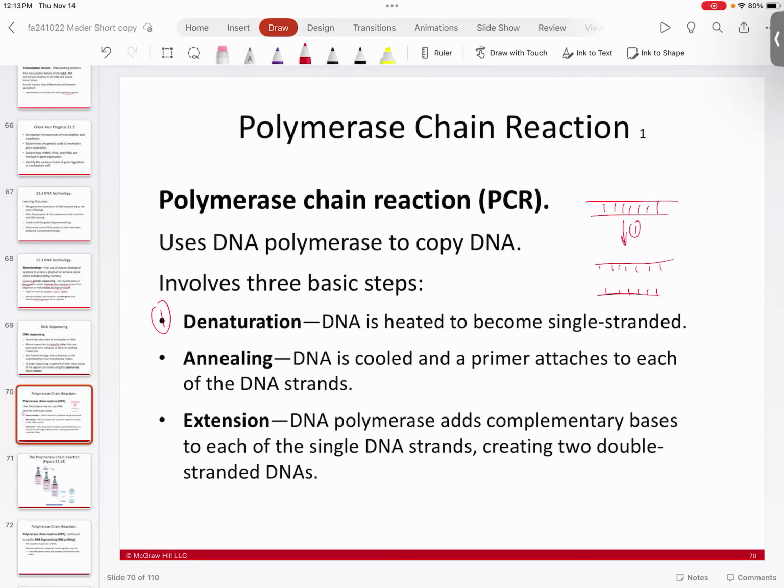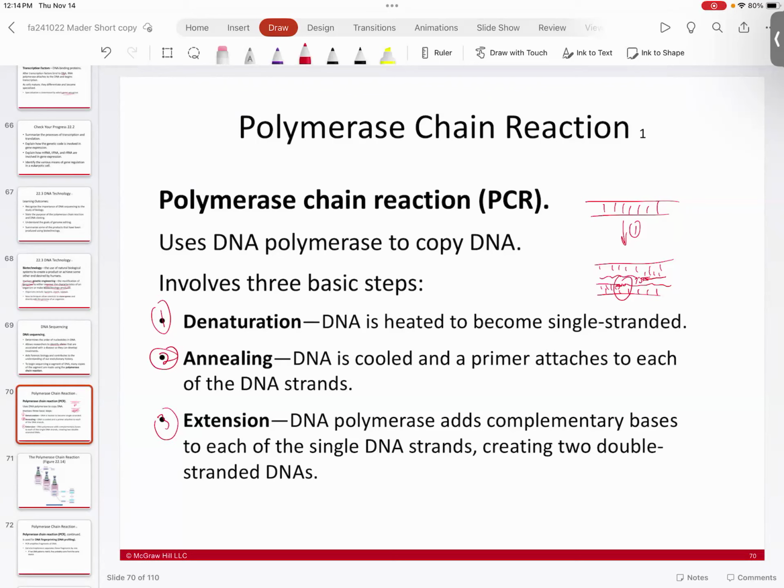Then we develop some primers of a particular gene area that we want to make multiple copies of, and we anneal them to these templates. Basically, we let them zipper up to these templates. That's called annealing. These primers zipper up to areas that are complementary to the piece that we want to amplify, and these give us our 3' OHs so that we can build off of them. And then the last piece is extension, where we add a polymerase that can fill in the rest.